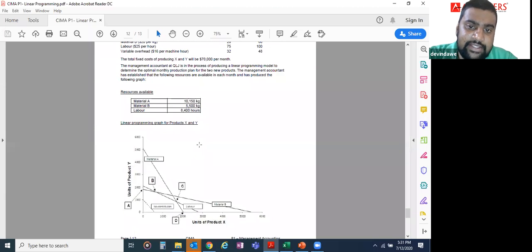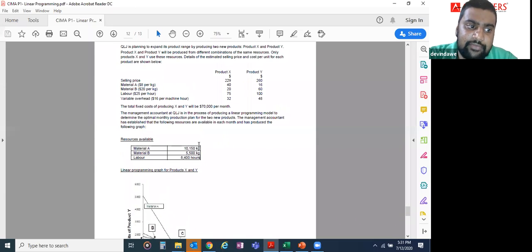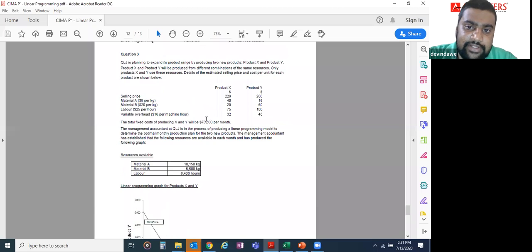Now what you see here is, guys, for product X and product Y, is there a maximum demand? Like in the previous question, is there a maximum demand? No, no maximum demand given for product X and product Y. They haven't mentioned anything.